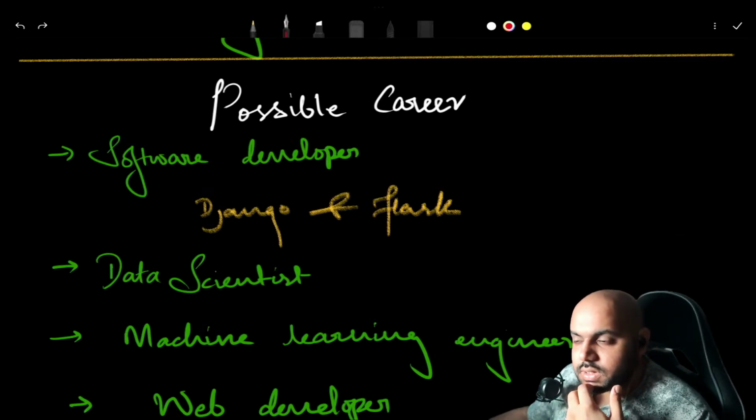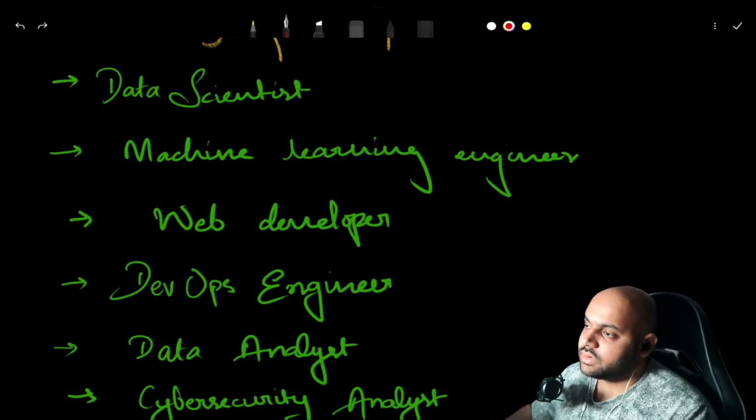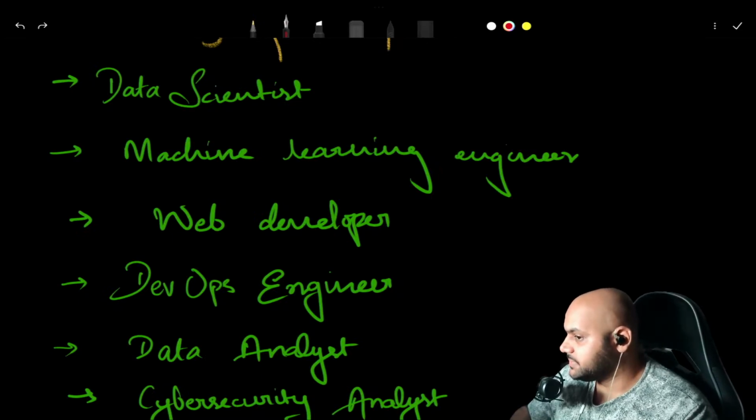Then comes the role of web developer. Web developers are somewhat like software developers, but they just work on the web. They build dynamic, scalable, and secure websites and web applications using Python based frameworks.